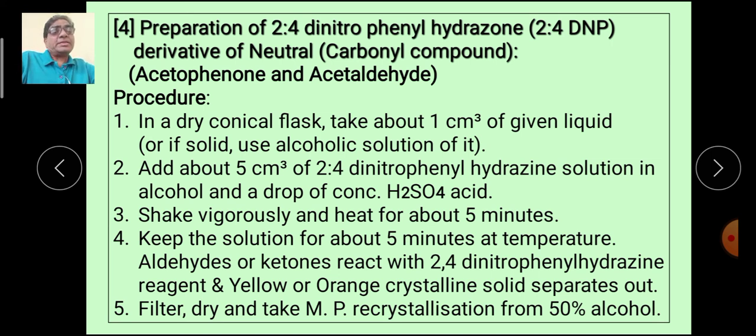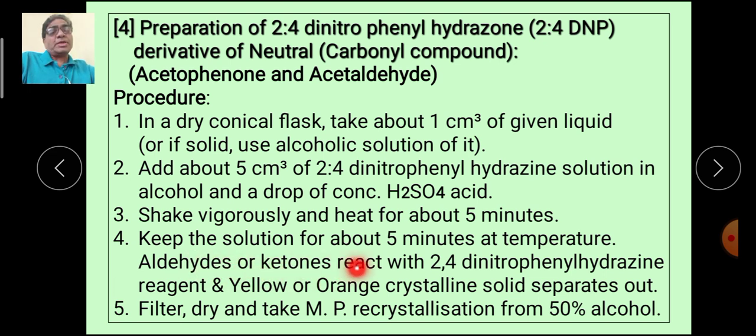Shake vigorously and heat for 5 minutes if necessary. Heating is not required because concentrated sulfuric acid has been added and the product is formed. Then keep the flask, that is the solution, for about 5 minutes at room temperature.